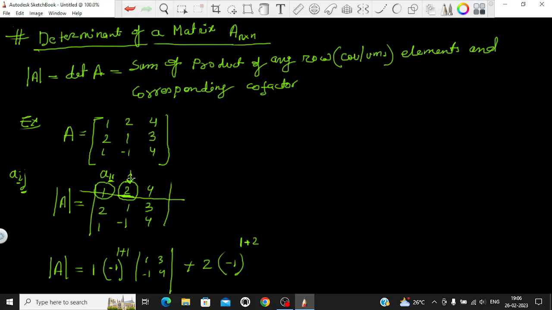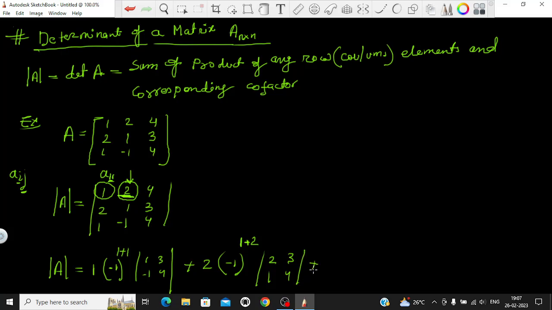Hide this row and this column and write the remaining values. So the remaining values are 2 1, 3 4.